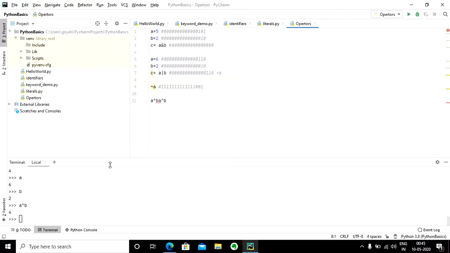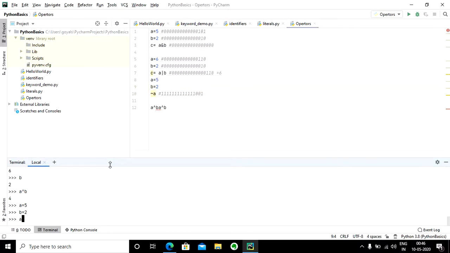Okay, now let's talk about another couple of bitwise operators, that is left shift and right shift. There is a very simple formula to calculate the left shift and right shift. For example, if I have A equals 5 and B equals 2.